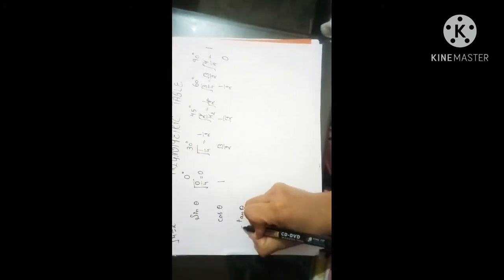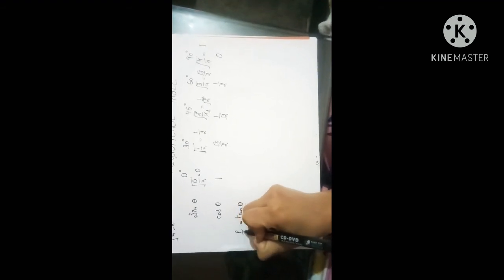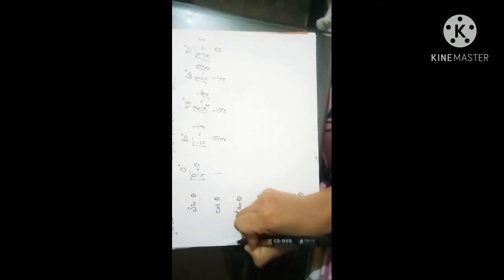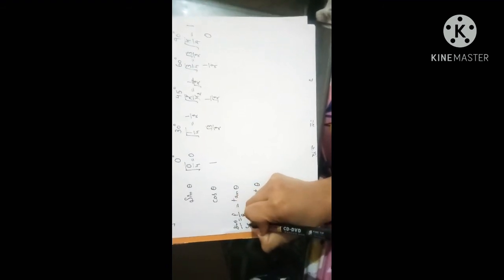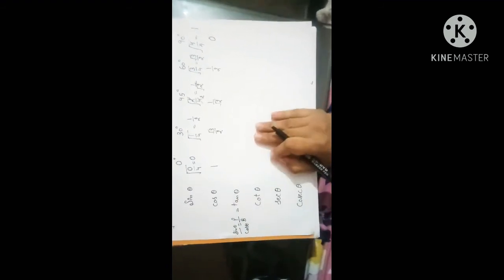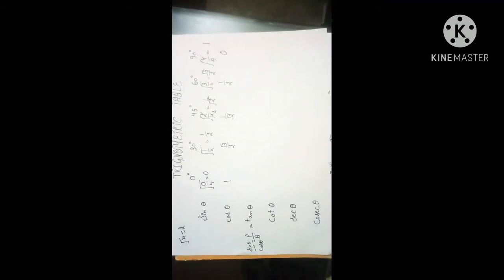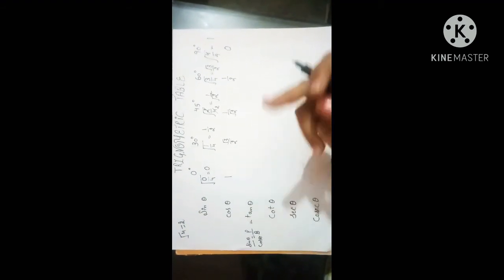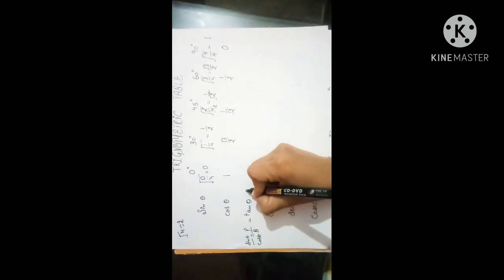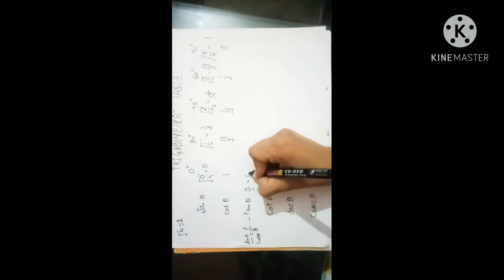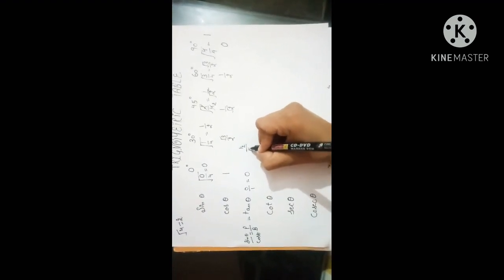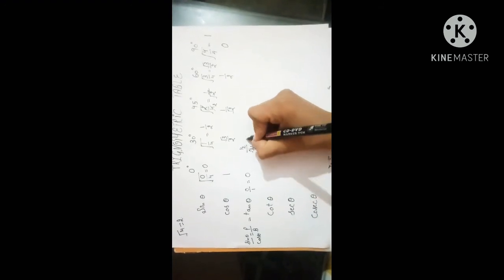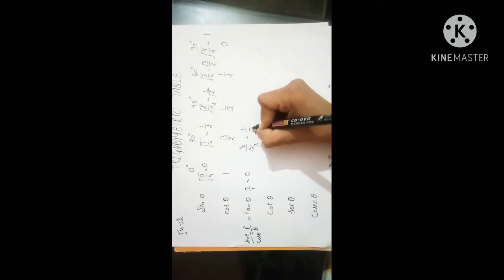Next come to tangent theta. In the previous video, I wrote that tangent theta is P upon B, which is sin theta upon cos theta. So, how can I find the values of the various angles of tan theta? That is, dividing these two, we get the angles of tan theta: 0 upon 1 is 0, 1 upon 2 over root 3 upon 2 gives us 1 upon root 3.